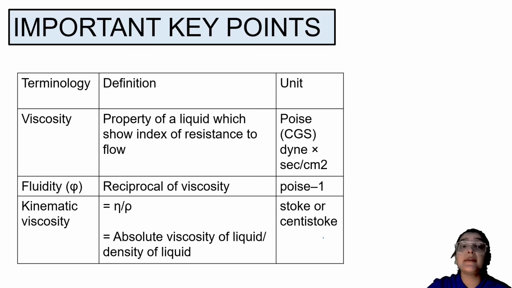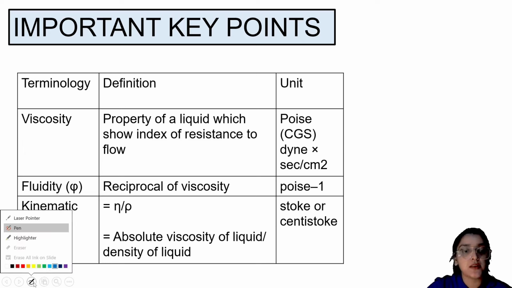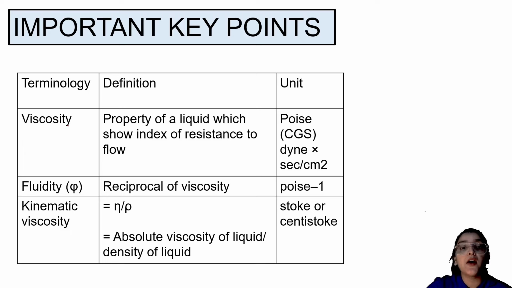Next, here are some questions. Here are some important points first, then we will move on to the question part. First is the viscosity. What is viscosity? It is the property of liquid, which is basically the resistance to flow. You should know the unit, that is the poise or dyne second per centimeter square. Very important.